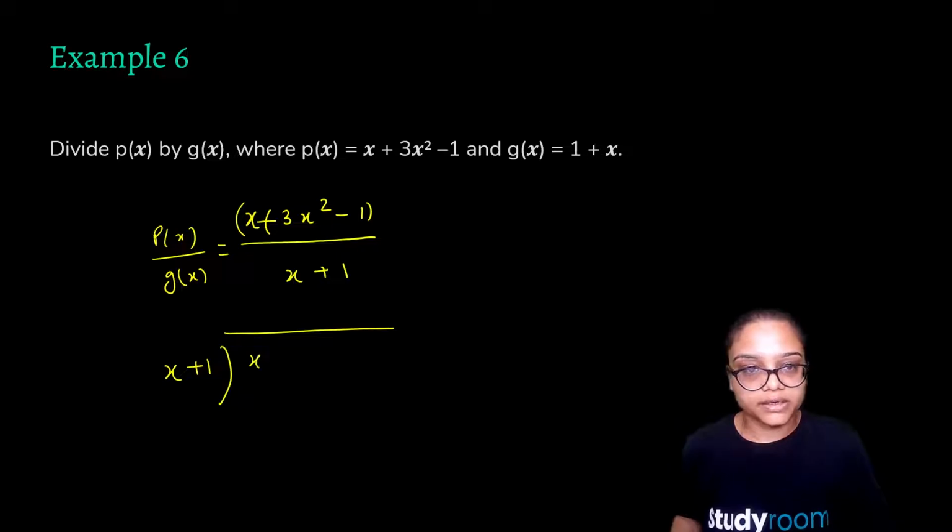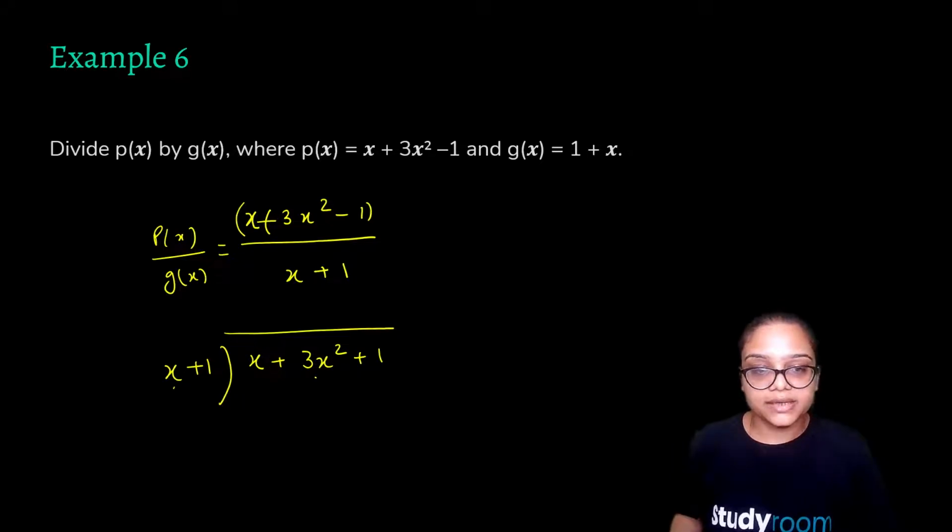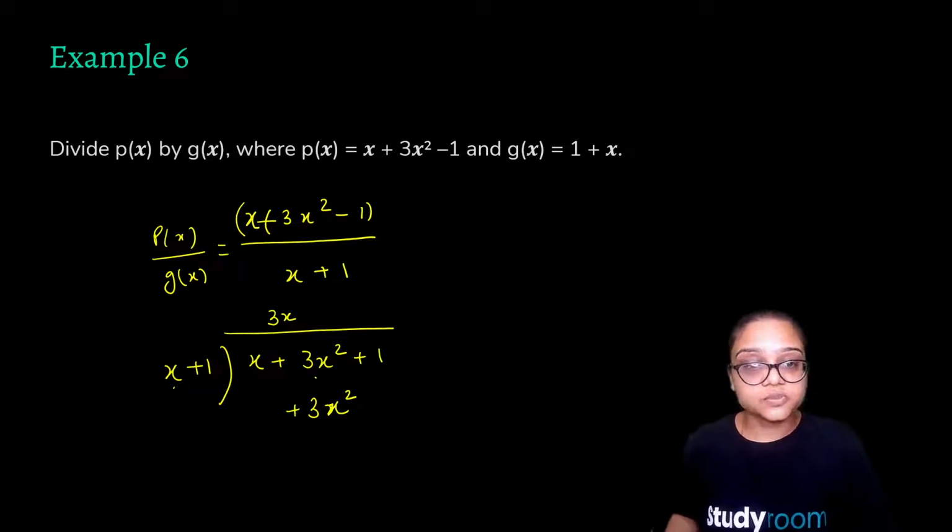We'll write it down like normal division. For the higher degree, 3x square and x, we multiply by 3x. So 3x square plus 3x would come; just write it below. Now subtract it. We'll get minus 3x minus 1.